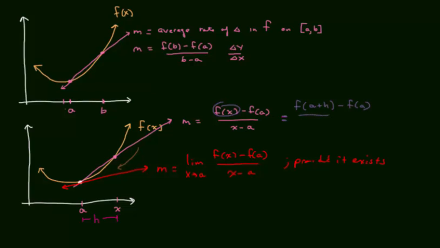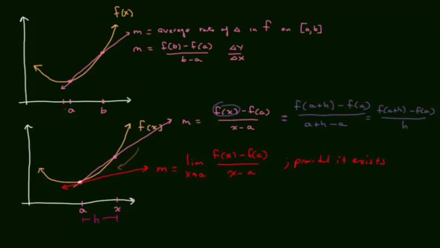And then on the bottom, the x minus a becomes a plus h minus a, and the a's cancel out. So we have f of a plus h minus f of a all over h. That gives us an expression for the secant line's slope.